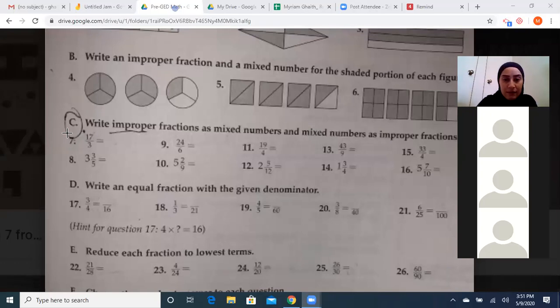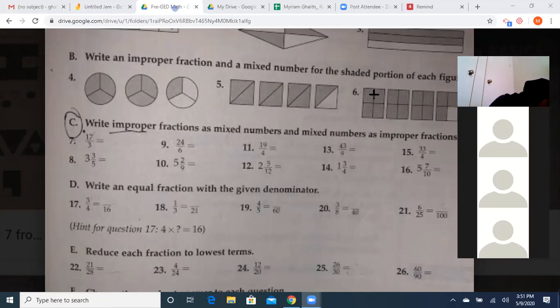So what did we get for number 7? 17 over 3. Is that 5/3? You said 5 over 3, Muna? Yeah, I think.